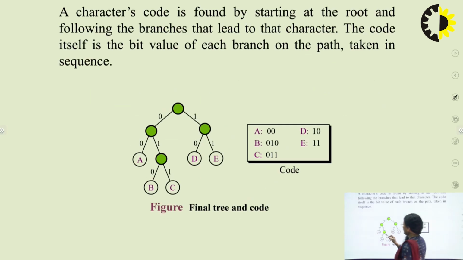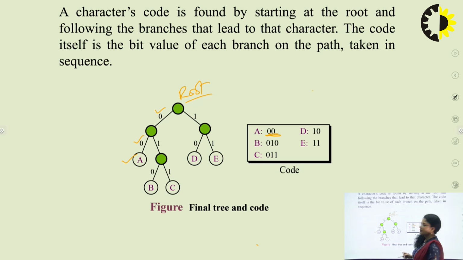For example, for A, you start from the root node and trace the path needed to reach the leaf node A, and as you trace the path, take note of the bit values we come across on the edges. As we go from the root to the leaf node A, the bit values we get are 0, 0.